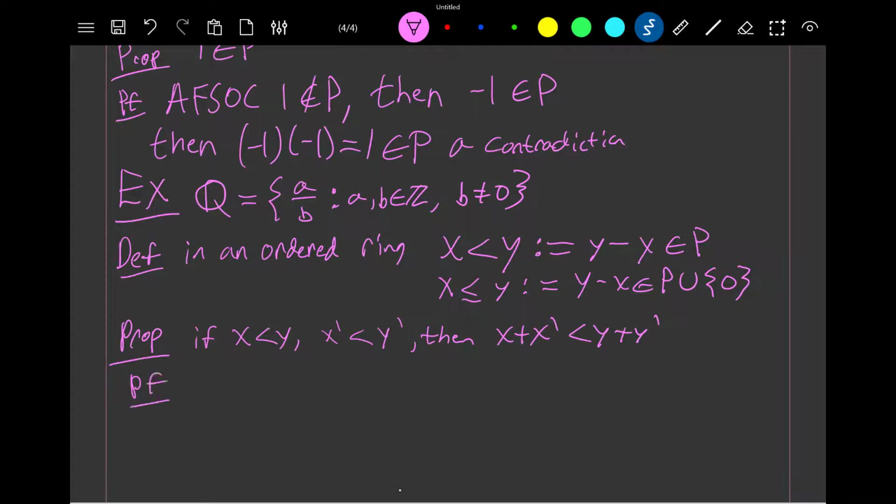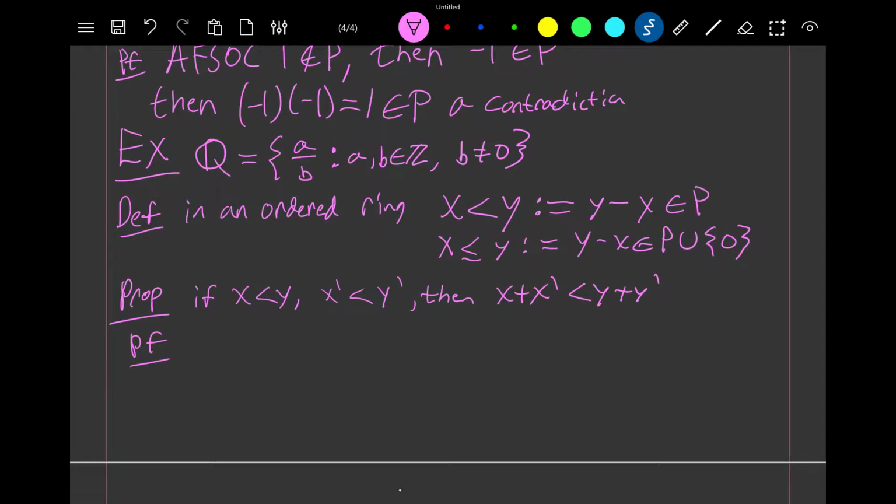So how can we prove this? Well, our hypothesis says y minus x and y prime minus x prime are in P. And for this to be true, this just means y plus y prime minus x plus x prime has to be in P.